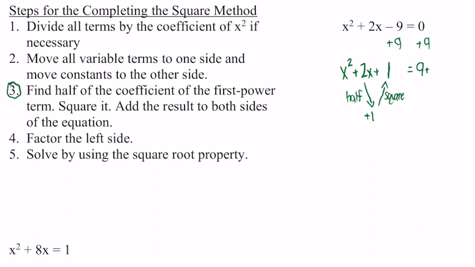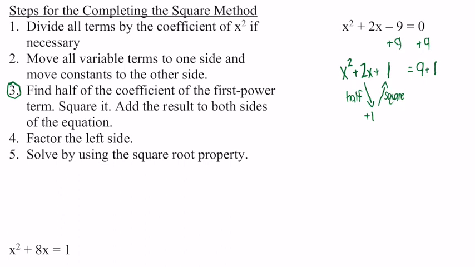To keep the equation balanced, since we added 1 on the left side, we also add 1 on the right side. So now what we have at this point is the equation x squared plus 2x plus 1 equals 9 plus 1.